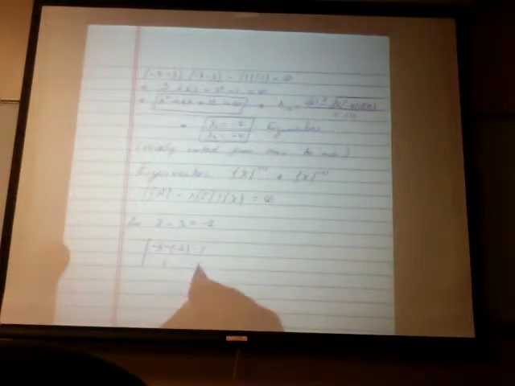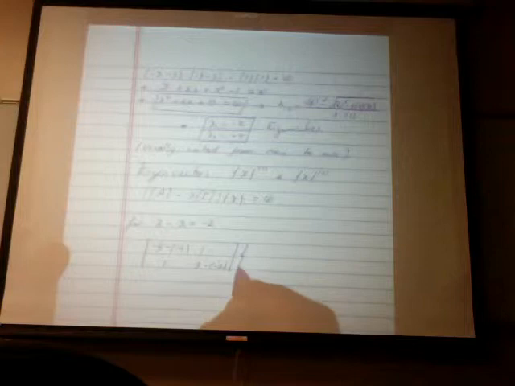So for lambda equals lambda 1, which is equal to minus 2, we get the matrix with entries minus 3 minus minus 2, 1, 1, minus 3 minus minus 2, times x1, x2 of eigenvector 1.